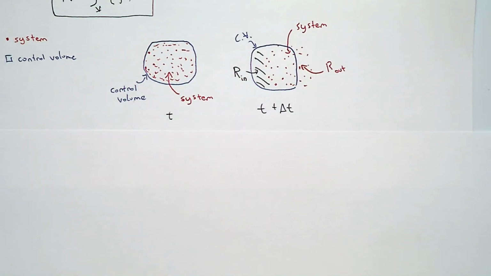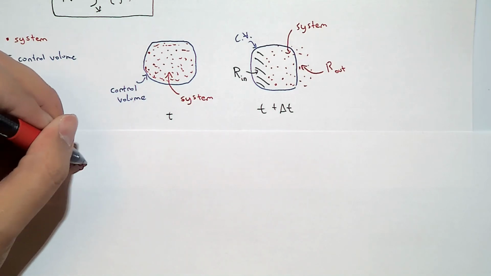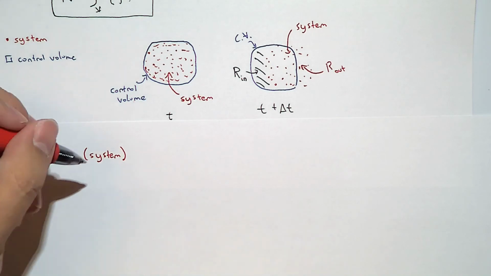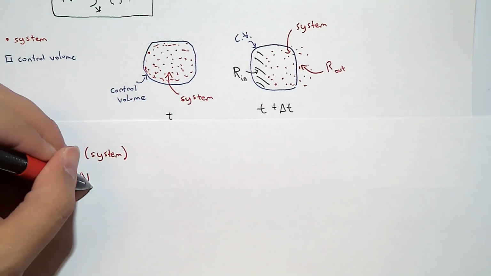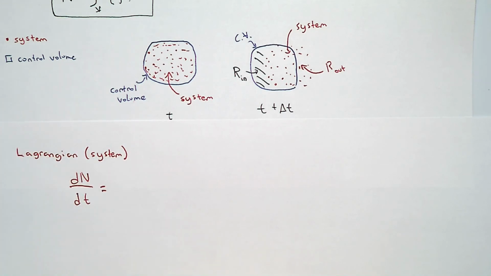In the Lagrangian description, that is in the system view, I can define any change in any extensive property with respect to time. That's simply the derivative of my property with respect to time.